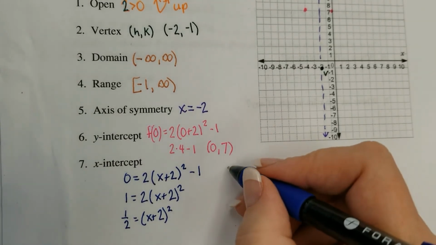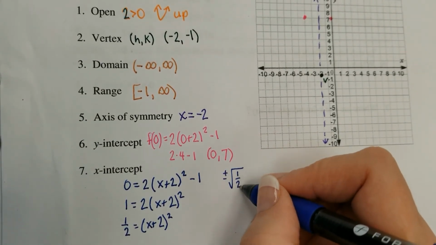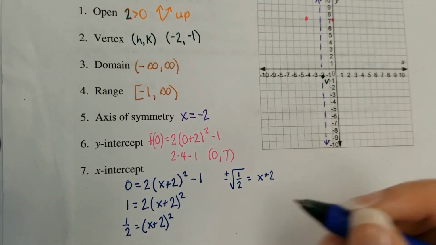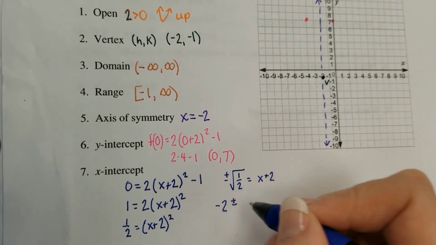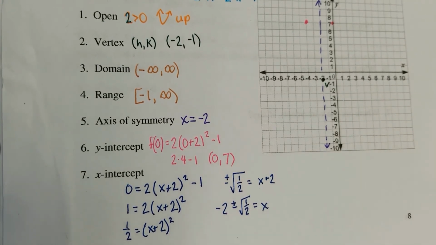I take the square root of each side. I'm going to have plus or minus the square root of 1/2 is equal to x plus 2. And then subtract 2 from each side. So negative 2 plus or minus the square root of 1/2 is what my x-intercepts are going to be.